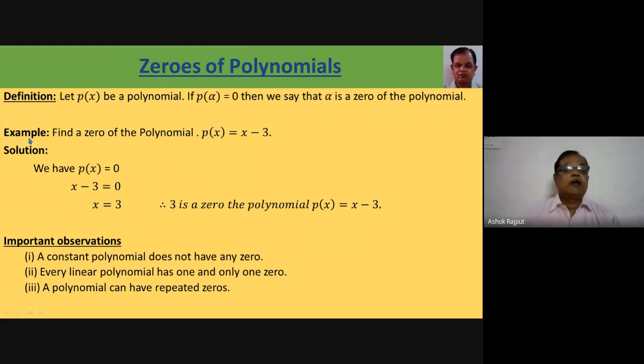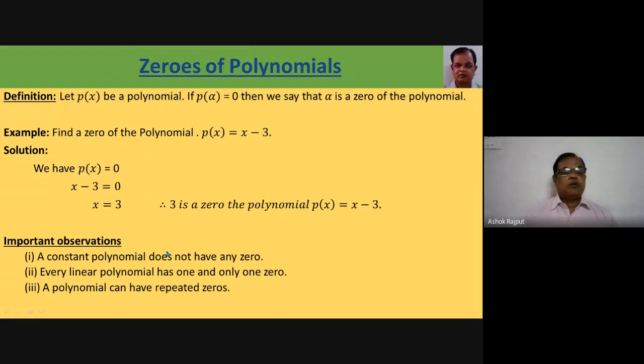As given in the example, find a zero of polynomial p(x) equal to x minus 3. First we put it equal to 0, as we have p(x) equal to 0, x minus 3 equal to 0. We have transposed 3 to the right side. So x equal to 3. Therefore 3 is a zero of polynomial p(x) equal to x minus 3.